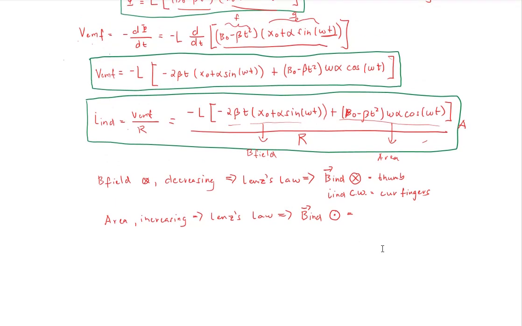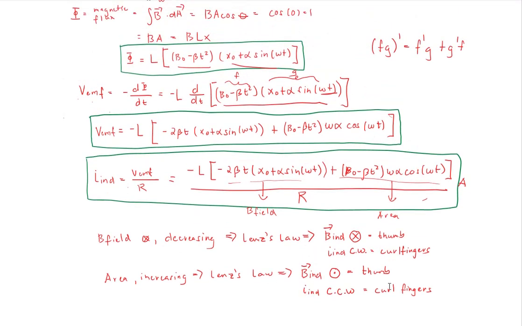Again, with B induced as our thumb, our I induced is going to be the curl of our fingers. We stick our thumb coming out of the page and curl our fingers. That's going to be a counterclockwise direction.